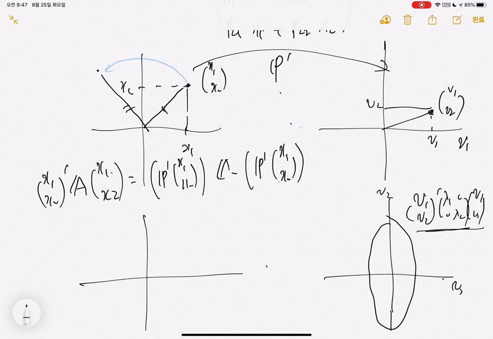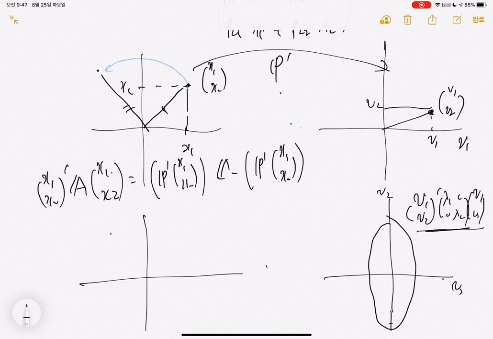And the rotated shape is an ellipse in this v1, v2 axis. So before the rotation it is going to be this, right?